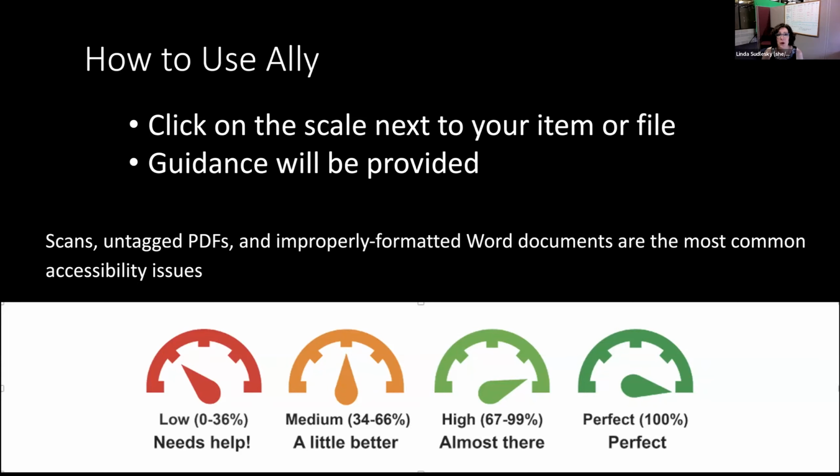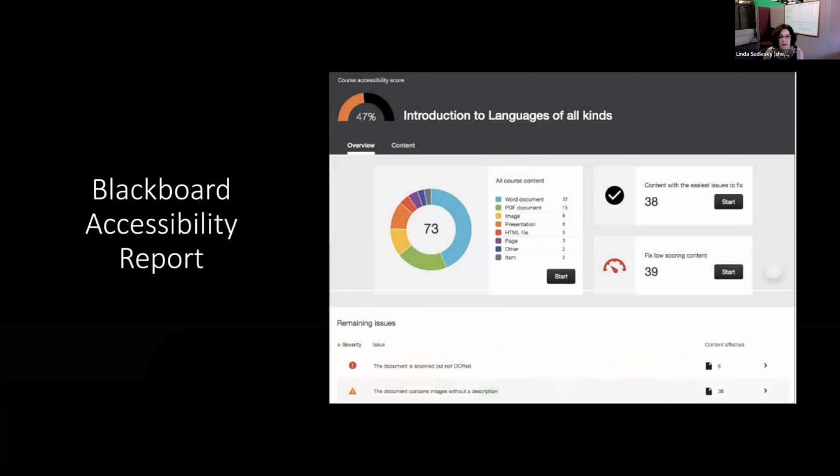Some instructors get worried that the students are going to see what grade I got in my document accessibility. No, they do not. They see the alternative formats. That's what they get out of using Ally, the alternative formats.